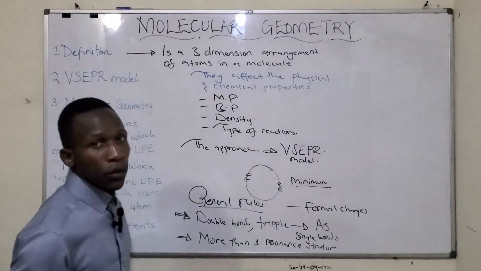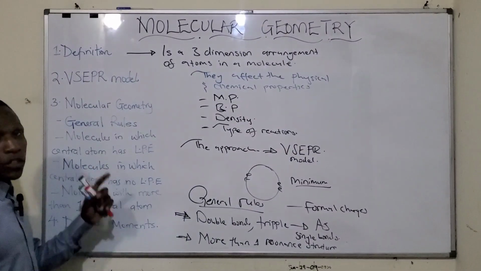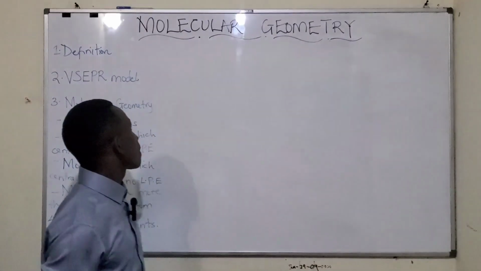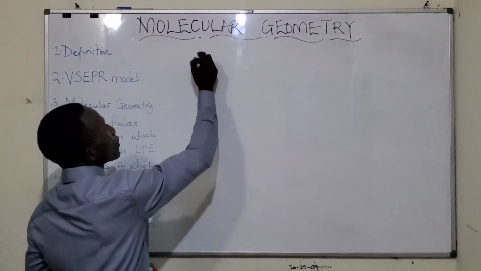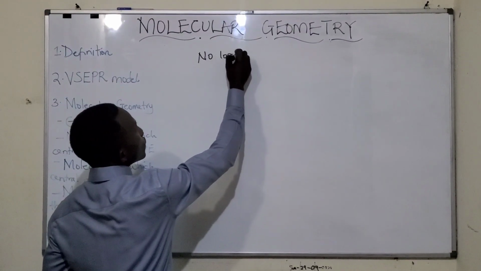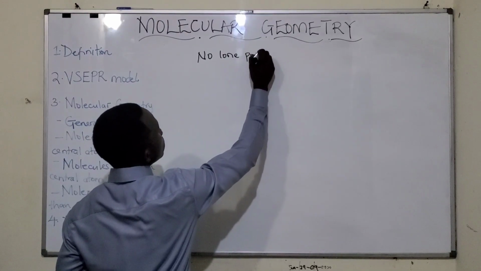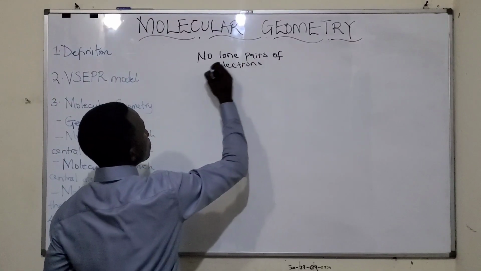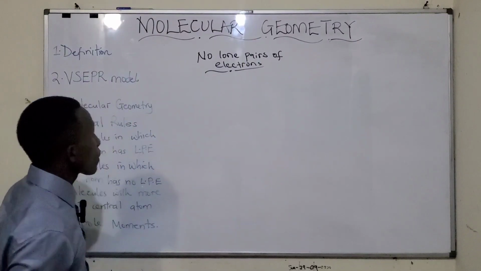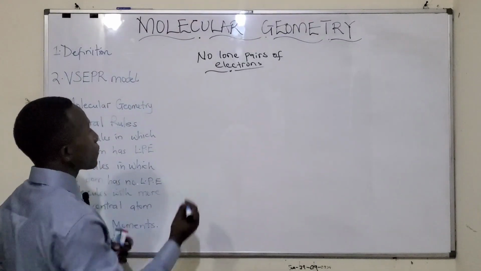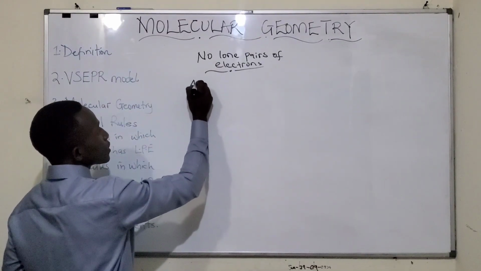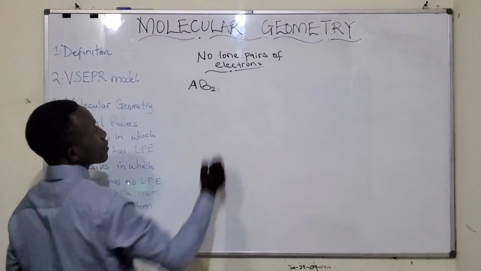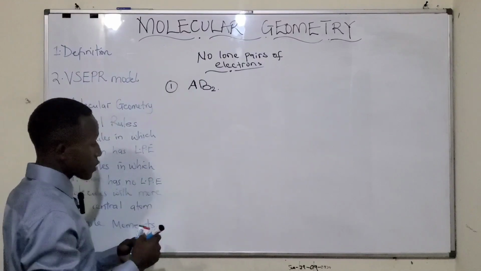Now let's go to molecules in which the central atom has no lone pairs of electrons. For the central atom, when there are no lone pairs of electrons, let's use an example. For example, if a central atom is attached to two surrounding atoms, that's the one we are going to discuss first.